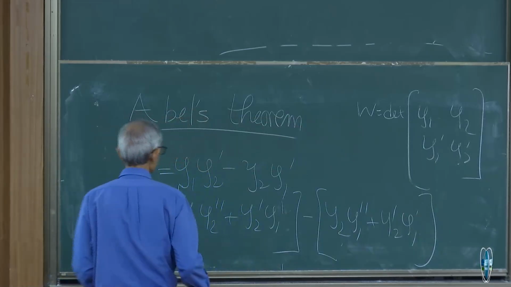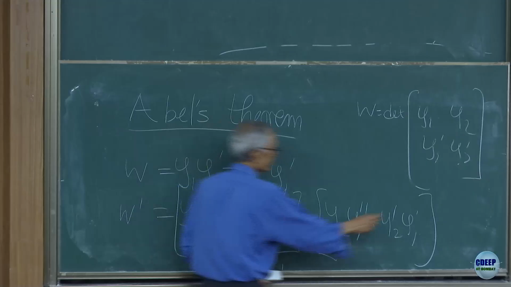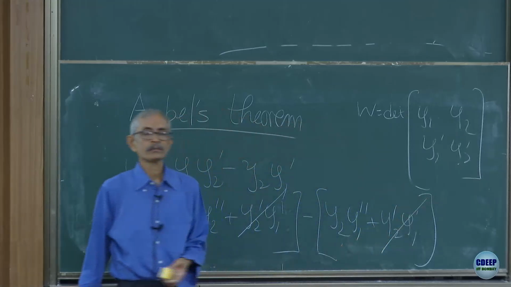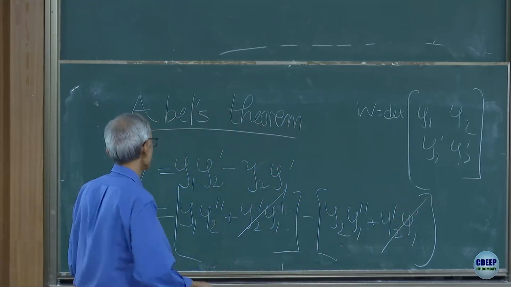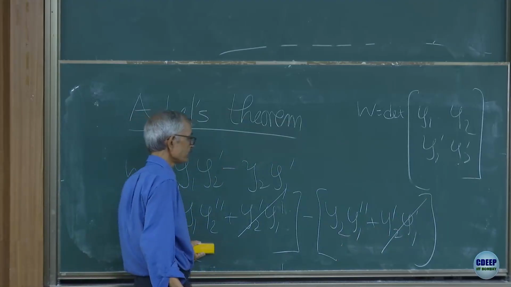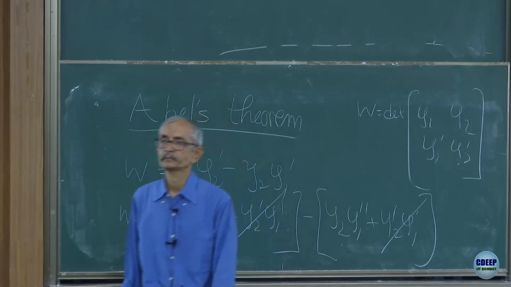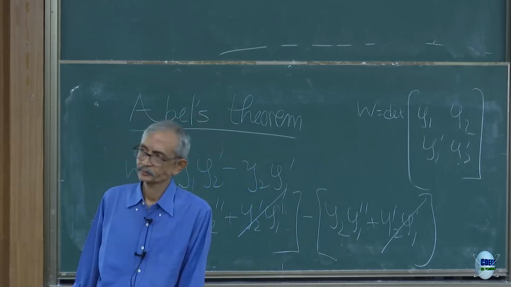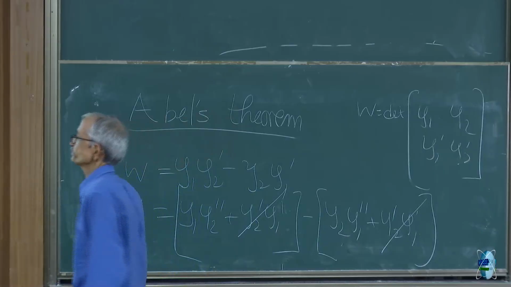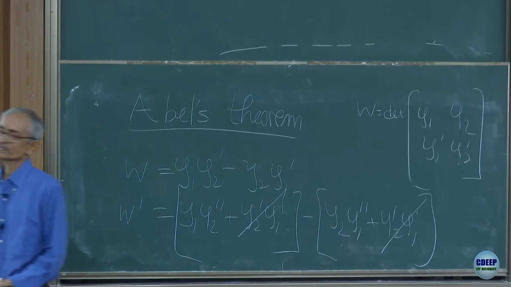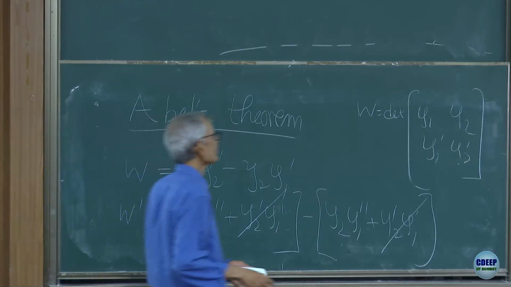In the Wronskian derivative, the repeated terms go away, so you've got y1 y2 double prime minus y2 y1 double prime. Now, what are y1 and y2?